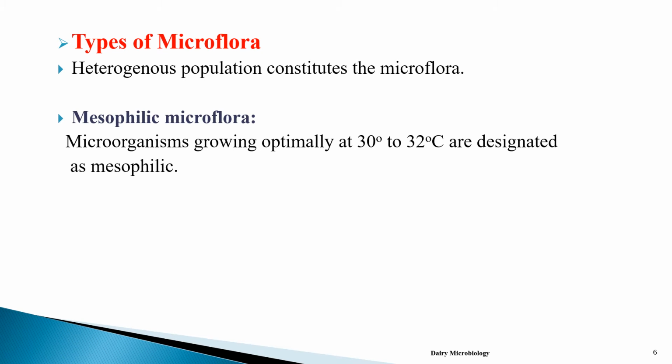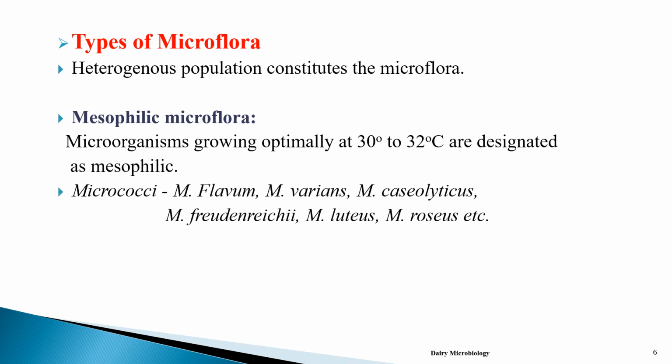They are called mesophilic organisms, which include different species of micrococci, that is Micrococcus flavum, Micrococcus varians, Micrococcus caseolyticus, Micrococcus freudenreichii, Micrococcus luteus, and Micrococcus roseus.